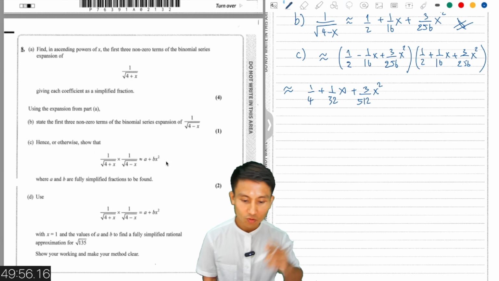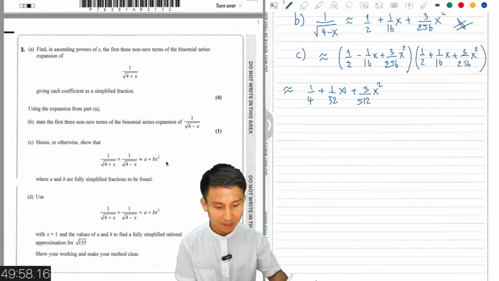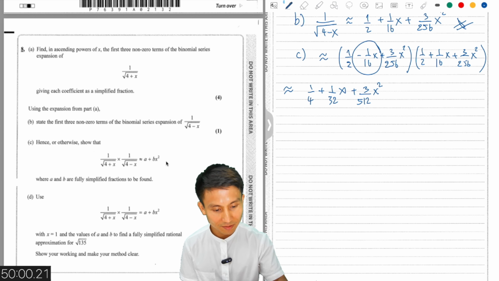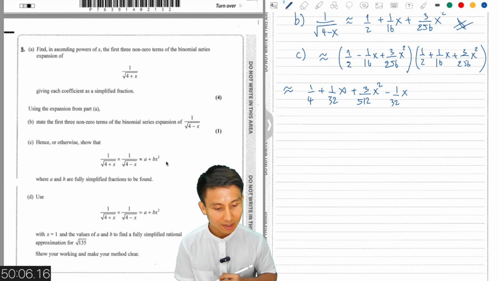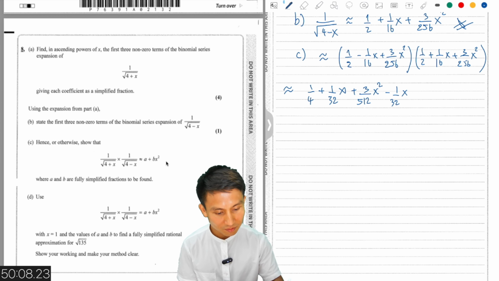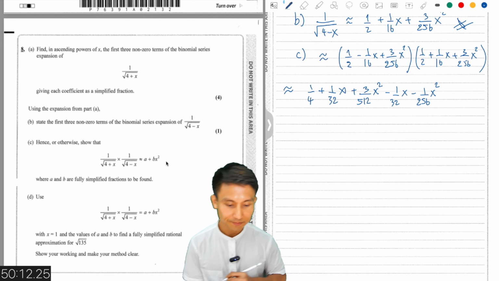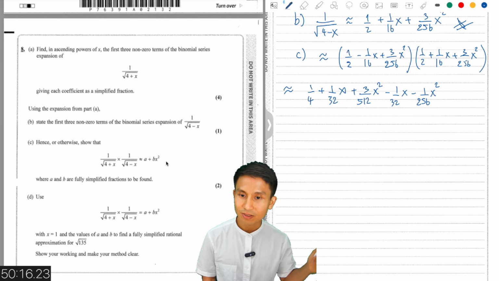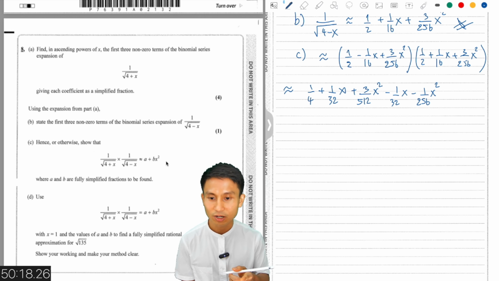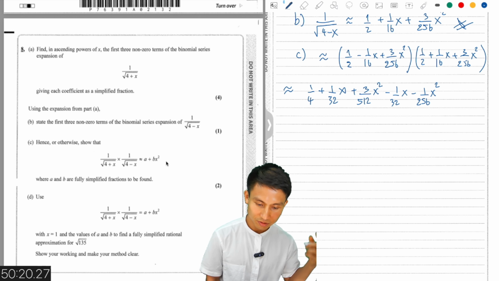And then we're going to do the second times the other 3. So the second term here is the minus 1 over 16. The second term times the first term, we get minus 1 over 32x. The second term times the second terms, we have minus 1 over 256 x squared. And the second term times the third term is not going to be applicable here because we just want up to the quadratic degree, or the second degree.